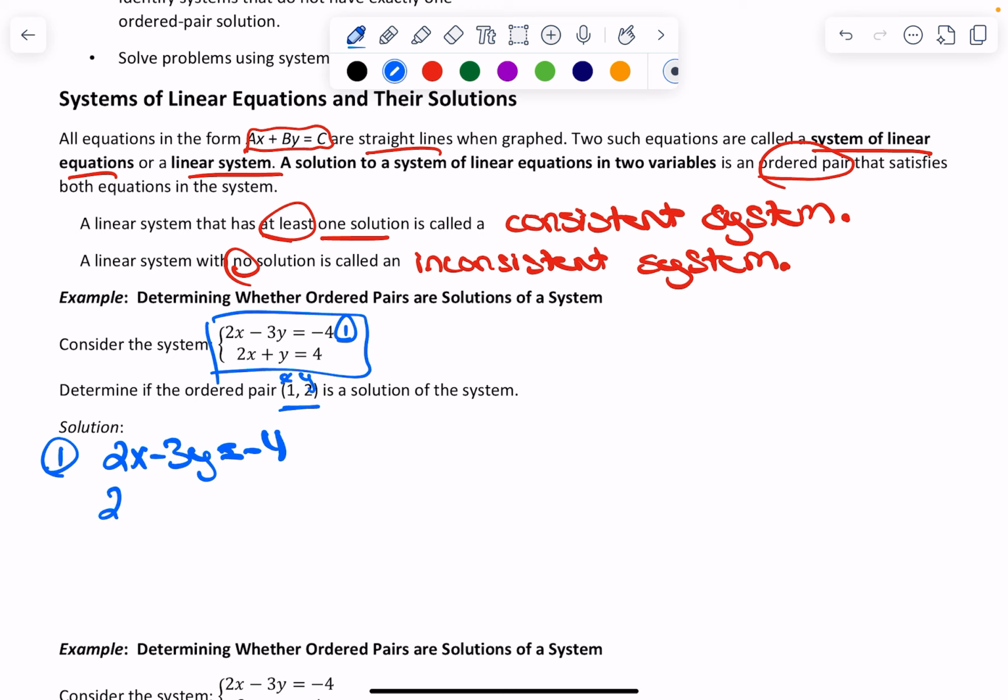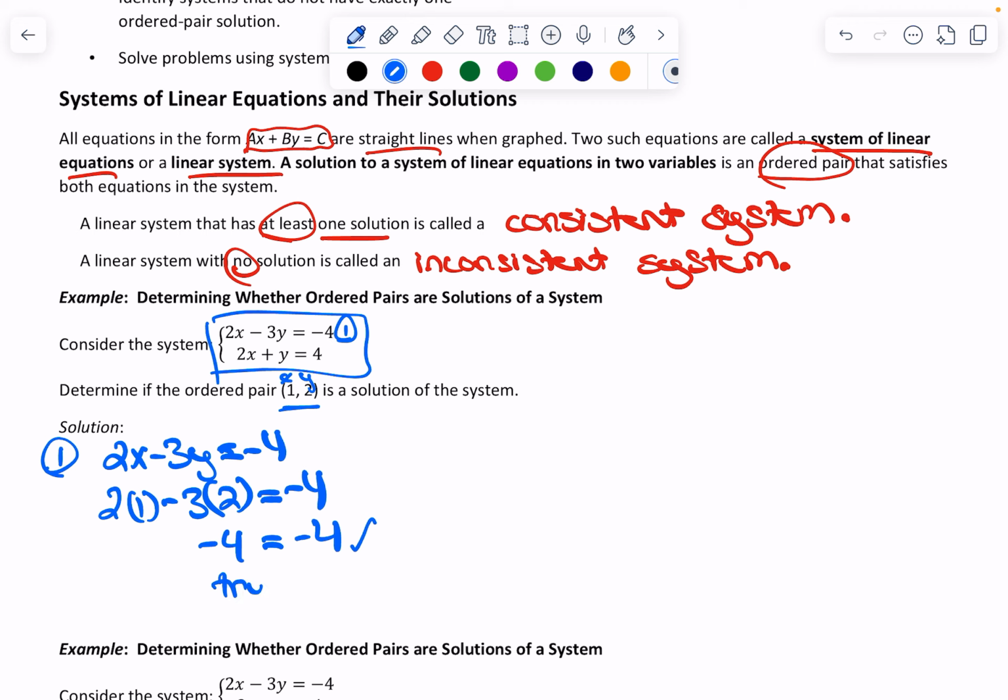So 2 times 1 minus 3 times 2 equals -4. When we calculate the left side, we get -4, which equals -4. So this is correct. It is true. Now we need to check it in the second equation.